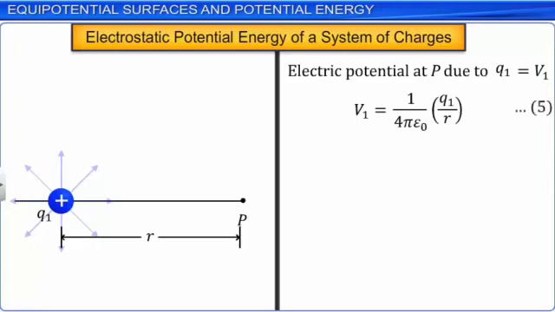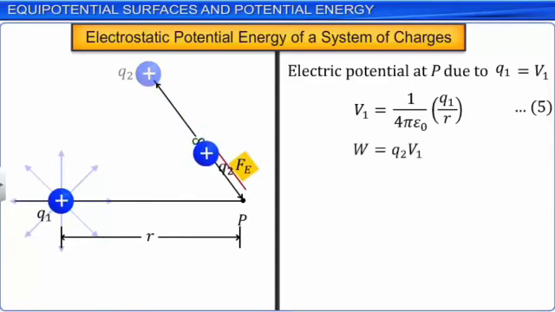Now, to bring a charge plus Q2 from infinity to point P in the electric field against the electrostatic force, the work done W is equal to Q2 V1. Let this be equation 6.